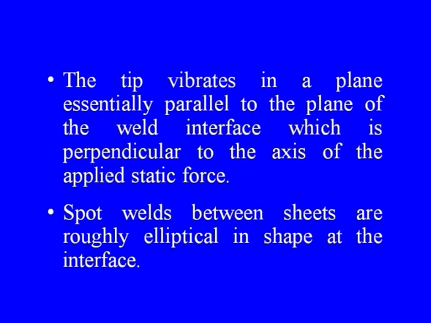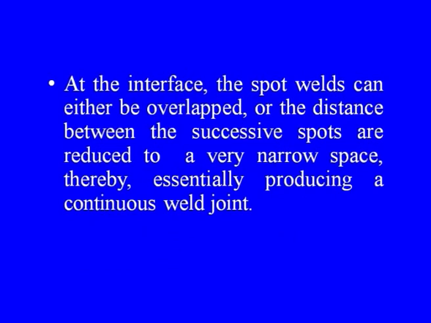Spot welds between sheets are roughly elliptical in shape at the interface. The spot welds can either be overlapped, or the distance between successive spots can be reduced to a very narrow space, thereby essentially producing a continuous weld joint.